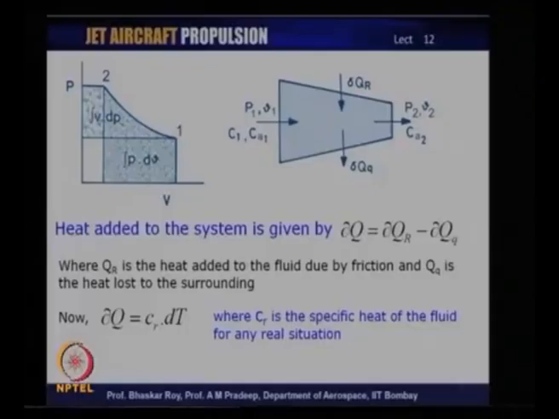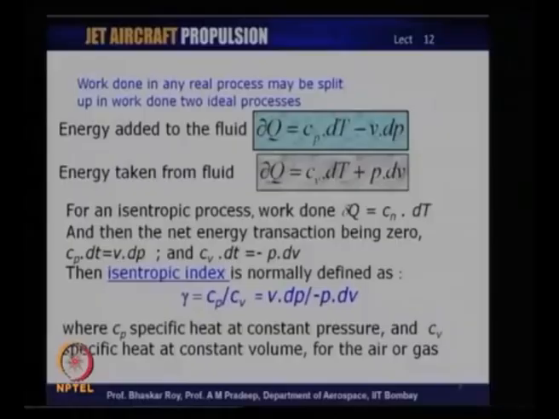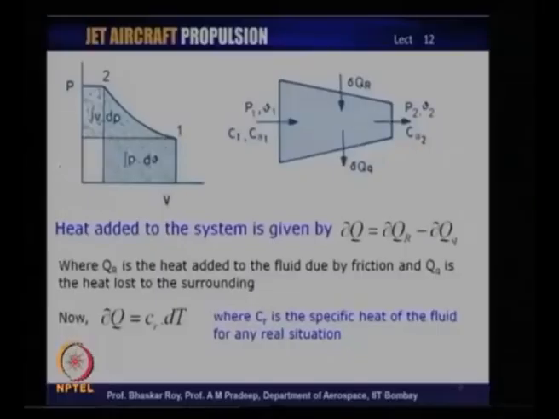Now, if we proceed along this, we can say that the work done in any real process may be split up into work done for two ideal processes. One is the energy added to the fluid, that is by delta Q equals C p dT minus V dp, and we showed the V dp in the earlier diagram. This is your V dp, and this is of course P dV.